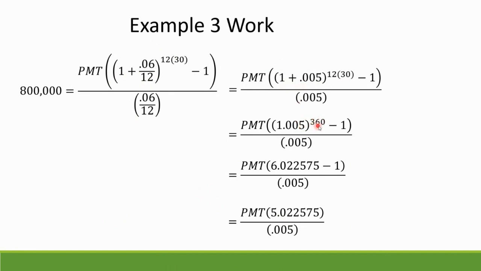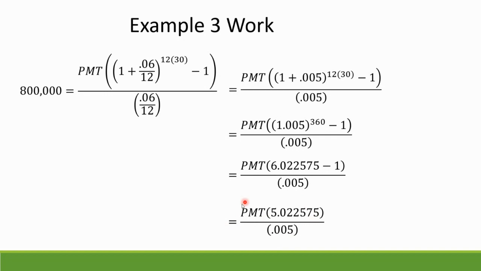The exponent is 360, 12 times 30. Again, we're using PEMDAS here, working in the parentheses. So we raise it to that exponent, we get this, then subtract 1, and that's going to give us this.